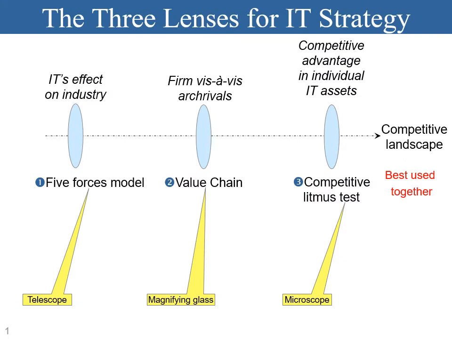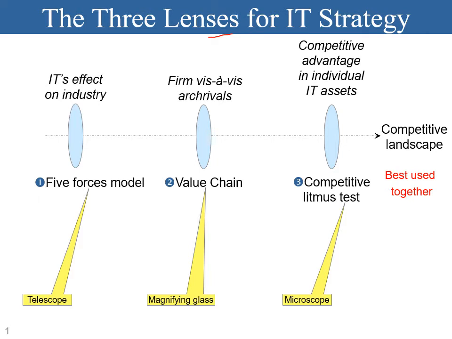So we start with a recap about the 3 lenses for IT strategy. Actually, in order for you to spot any opportunity for your company, you have 3 questions to answer. Okay. The first one, how IT is affecting your entire industry. The second one is your company's place in it.